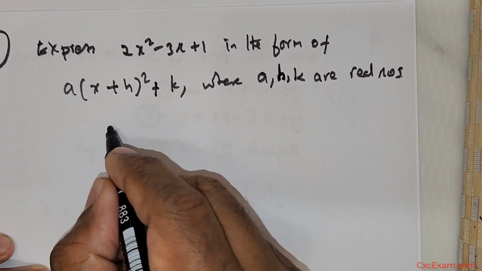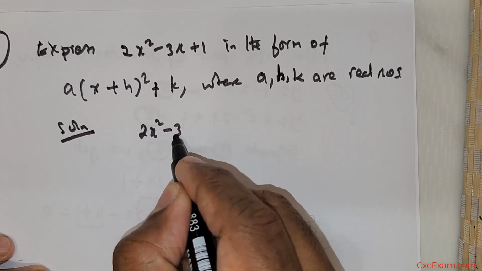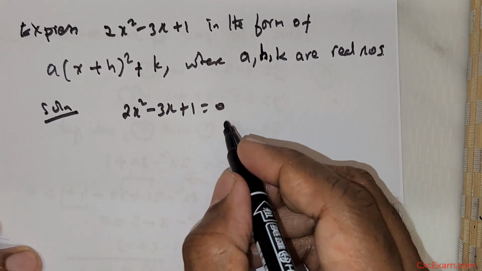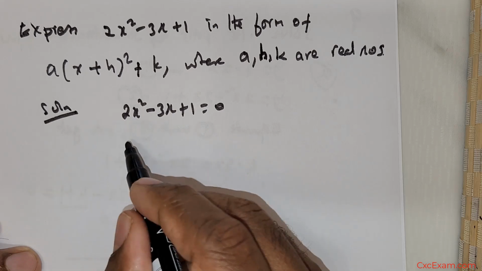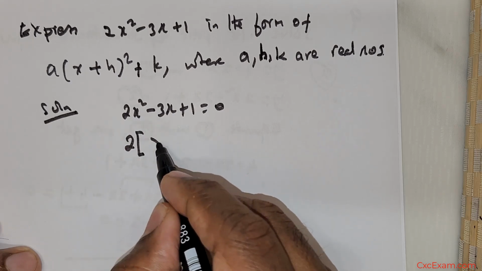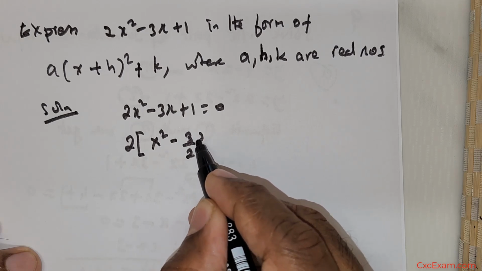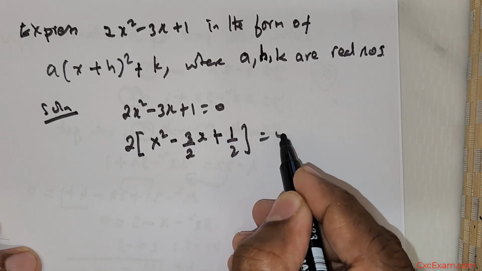So now foremost what I wish to do is I would consider 2x squared negative 3x positive 1 is equal to 0. Then I would actually take the 2 out, and that would give me x squared negative 3 over 2 times x positive 1 over 2 is equal to 0.